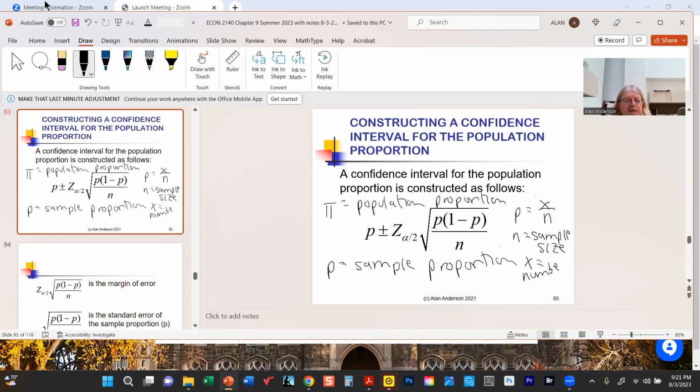Actually, I'm running out of space here. I'll move it down here. x is the number of elements in our sample with a specified characteristic, let's call it.